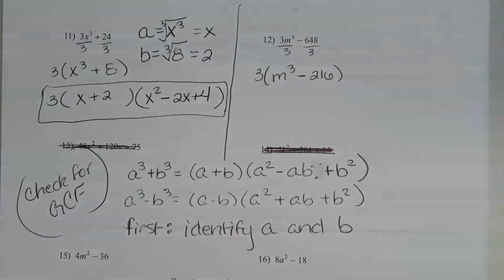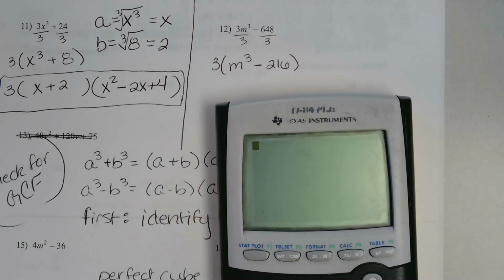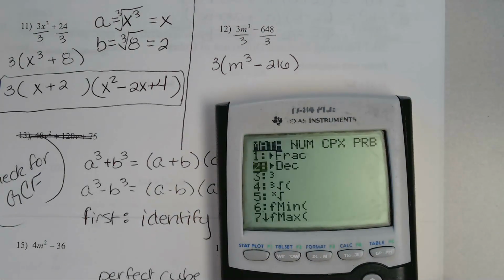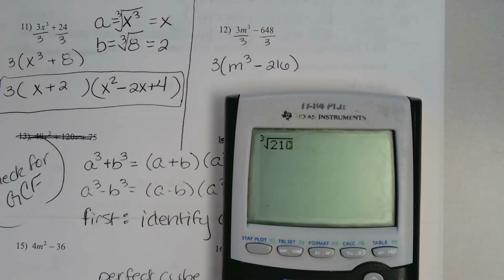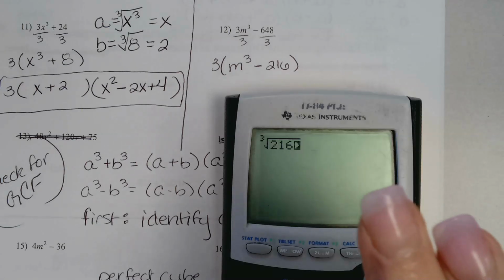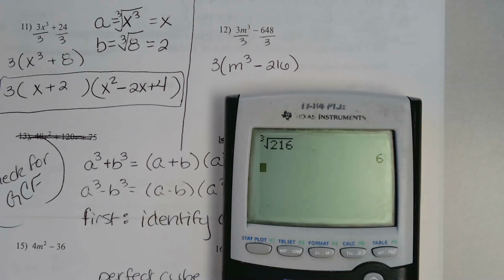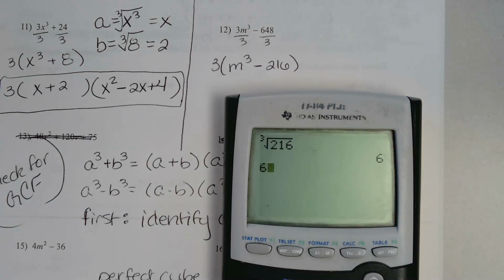216. Well, off the top of your head, you may not know what the cube root of 216 is. So what we're going to do is we're going to find it. Put your cube root in there. Type in 216, not a negative 216, just 216. Don't put the sign in there with it, just the number. It is 6, because if we were to take 6 to the power of 3, we would get 216.